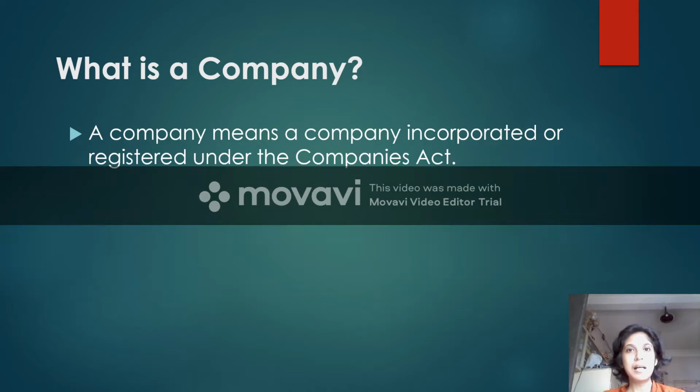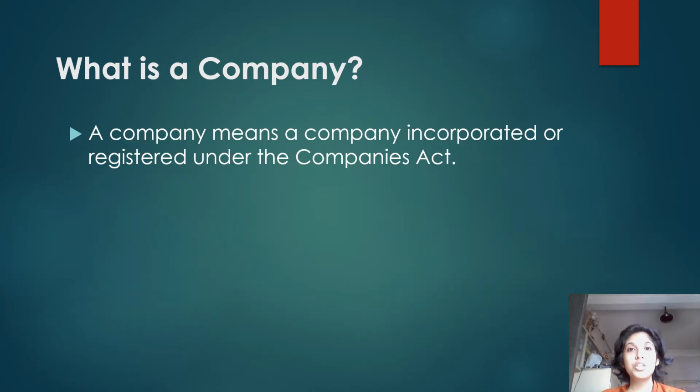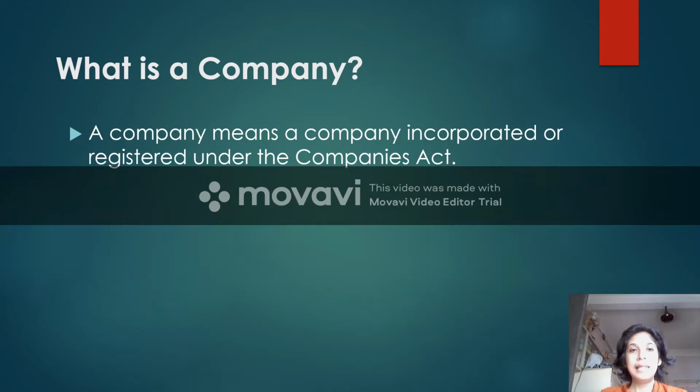A company is a company. It means nothing, right? It means that a company is a business organization which is created and registered under the law, and that law is specified by the Companies Act 1956. Now, got it? Okay. Now, let's go to a detailed definition after this.